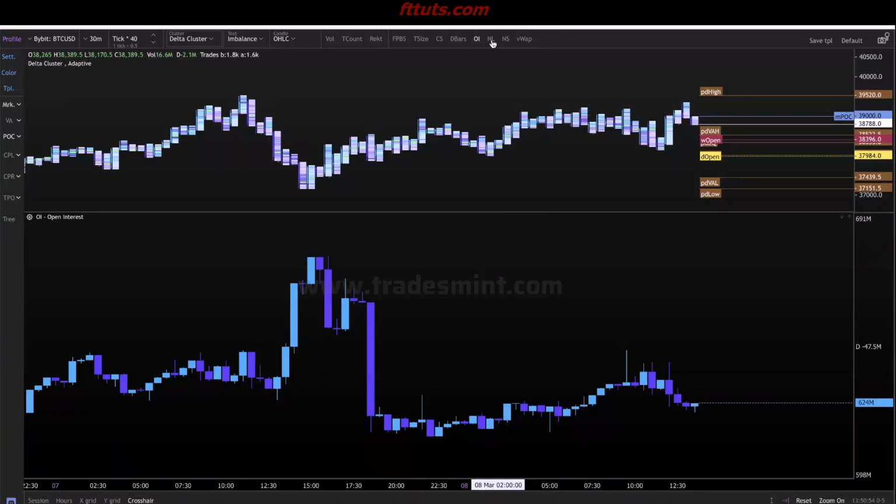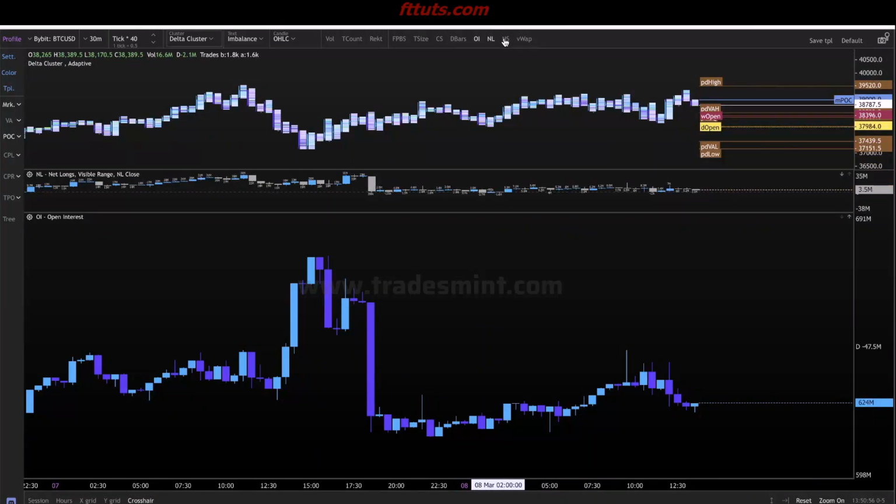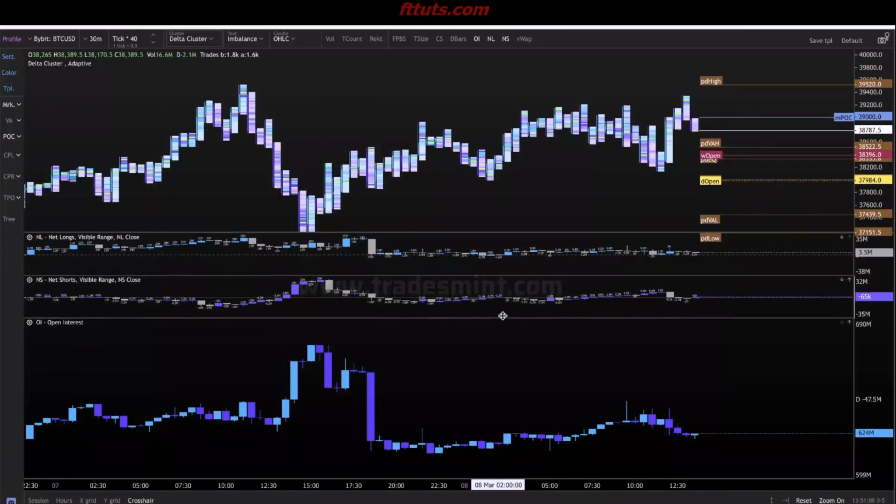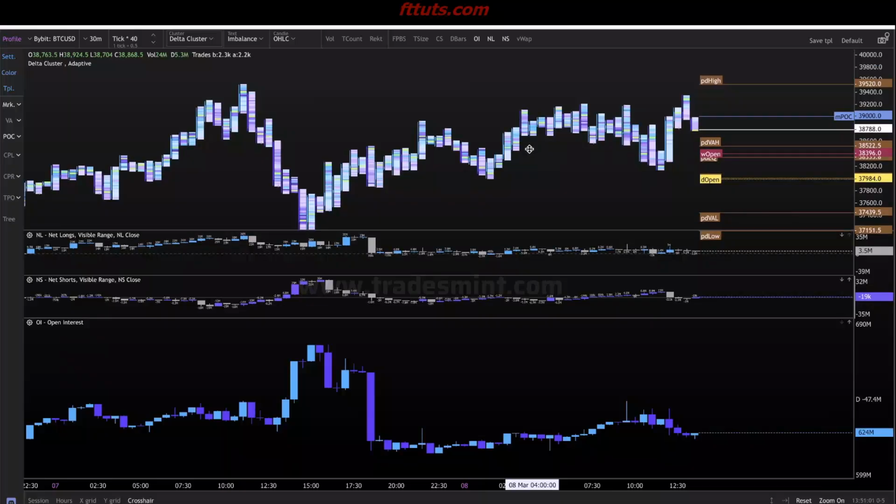But we need to talk a little bit about net longs and net shorts, because net longs and net shorts are basically going to be breaking down open interest into exactly what types of trades are opening and closing.